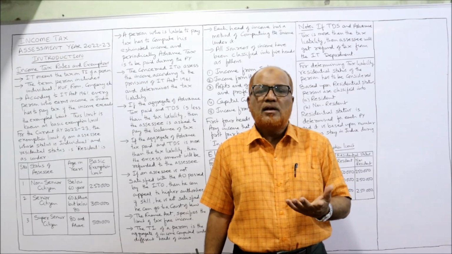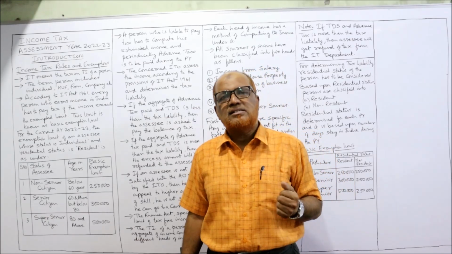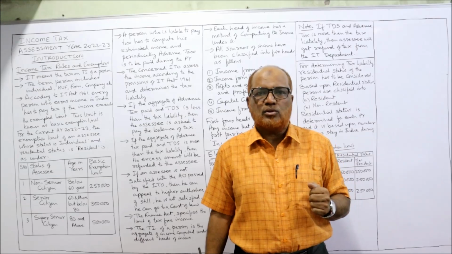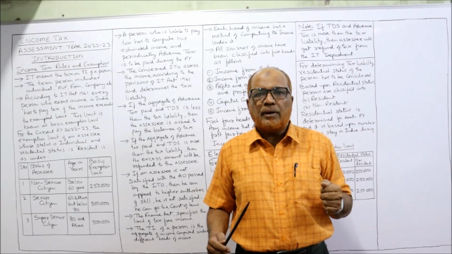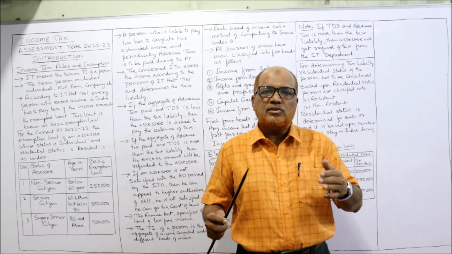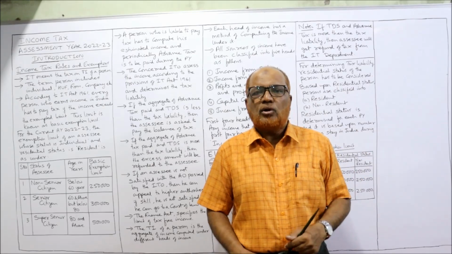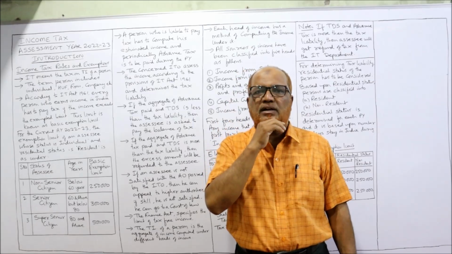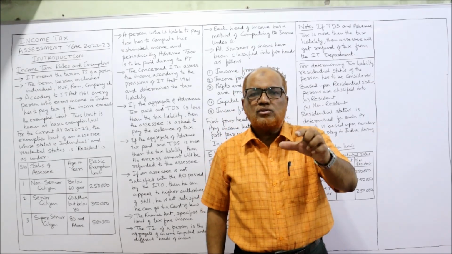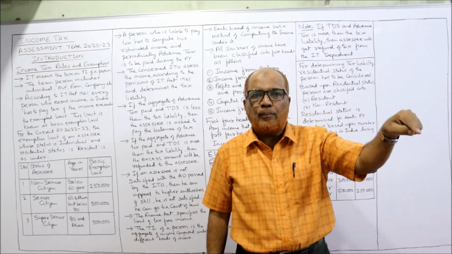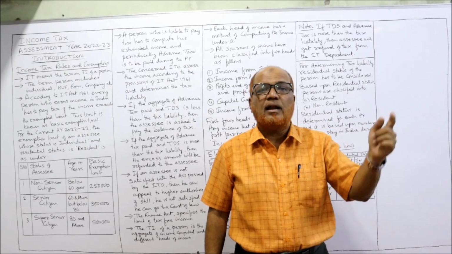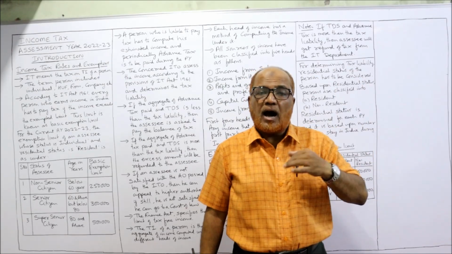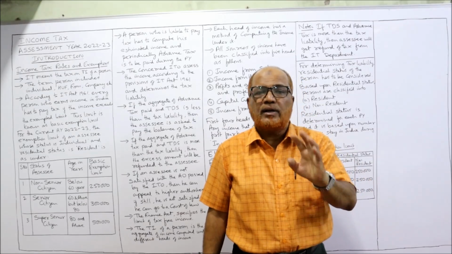That is called TDS. Suppose my monthly salary is, let it be 65,000 or 70,000. Then what will happen? Every month some 5,000 rupees or 4,000 rupees are deducted. So during the whole year 48,000 or 50,000 rupees are deducted. So 50,000 rupees are deducted by the employer from my salary and paid to the income tax department. I have paid advance tax 20,000.